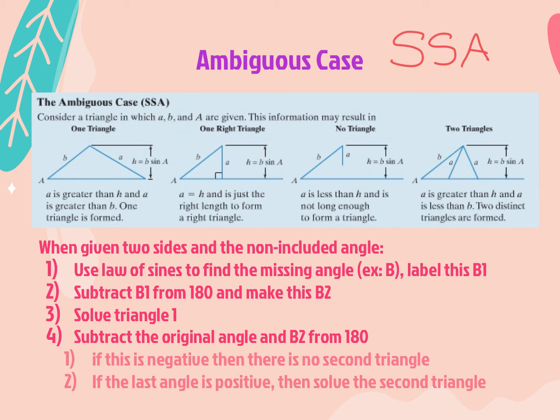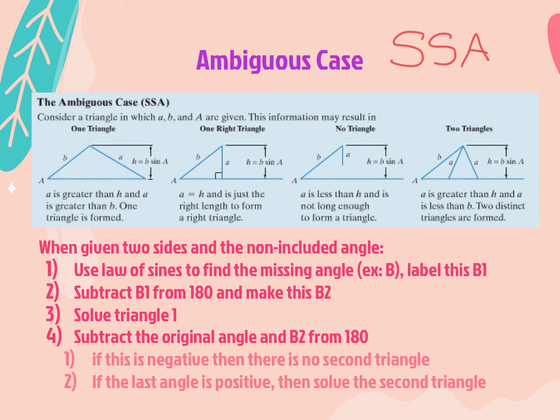You can also form no triangle at all because the side is too short and it won't close up. Or we could form 2 triangles from the given information. This is only when it's the non-included angle. If it's side, angle, side, then we're going to do law of cosines.